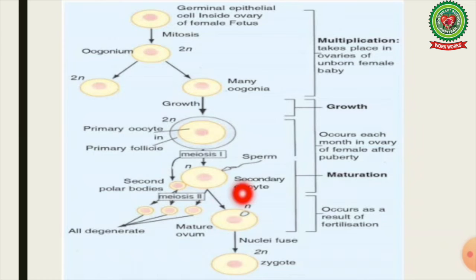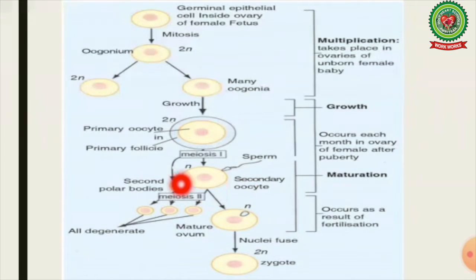Now the secondary oocyte undergoes second meiotic division, resulting in the formation of a large ootid or ovum, and the first polar body also undergoes division simultaneously to form two polar bodies.